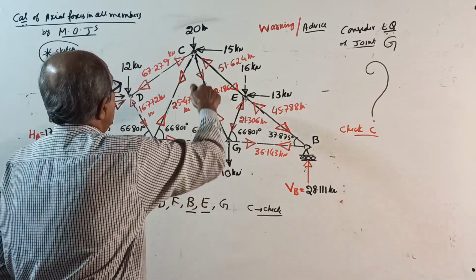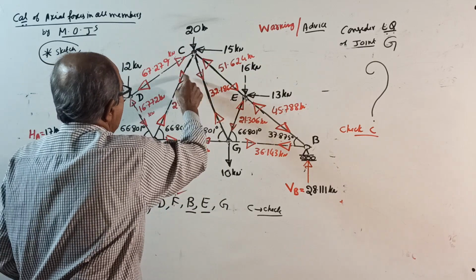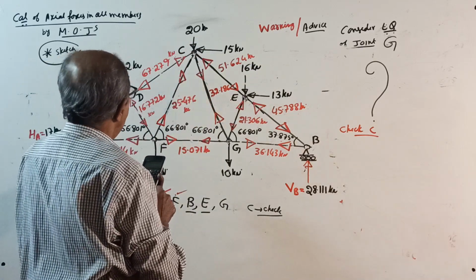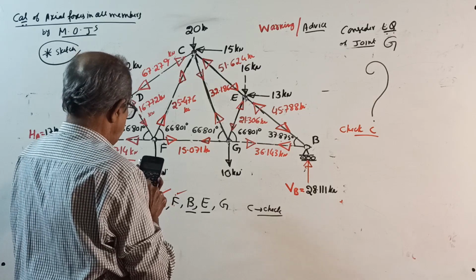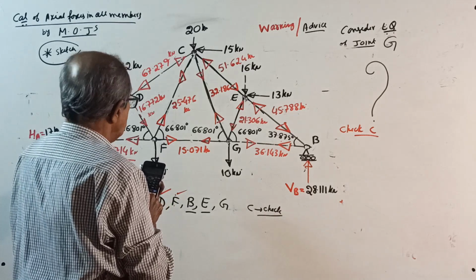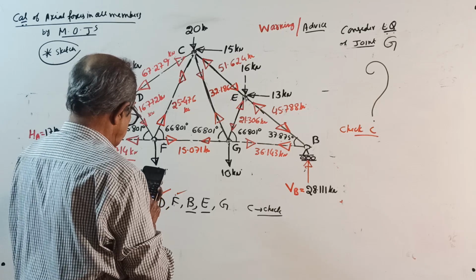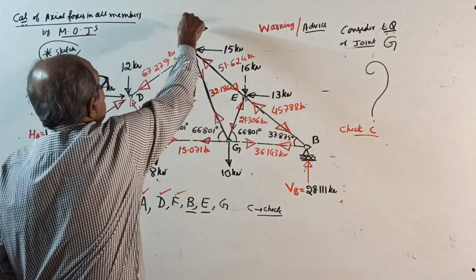These two, minus each force into sine of the angles. So then minus bracket 25.476 plus 32.186 close into sine 66.801. Lastly, minus 20.